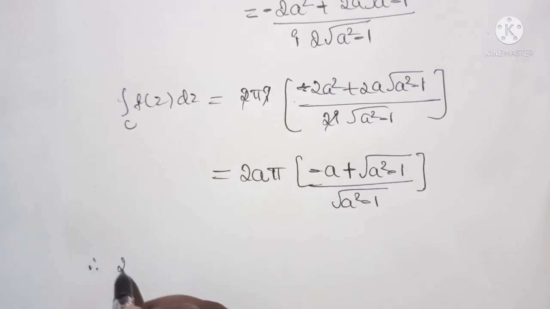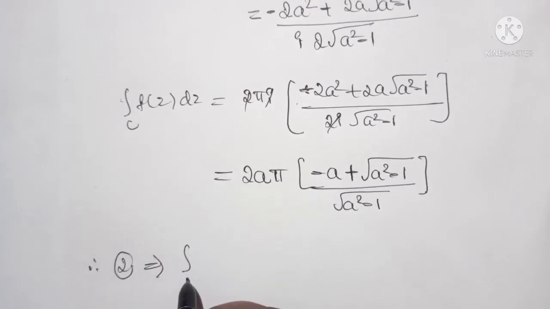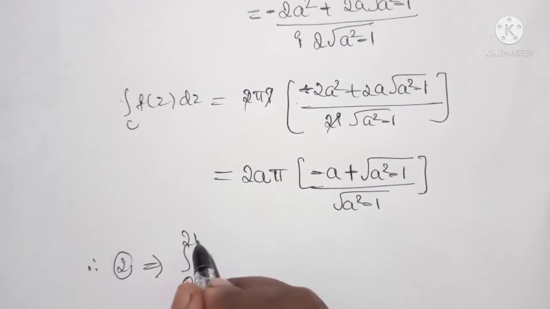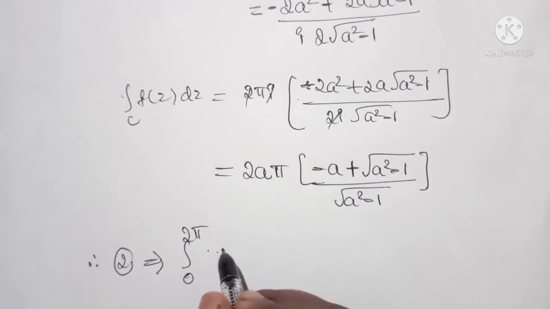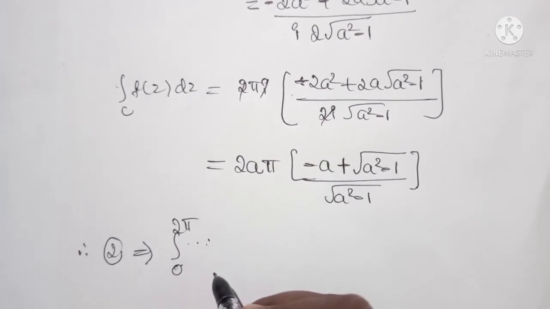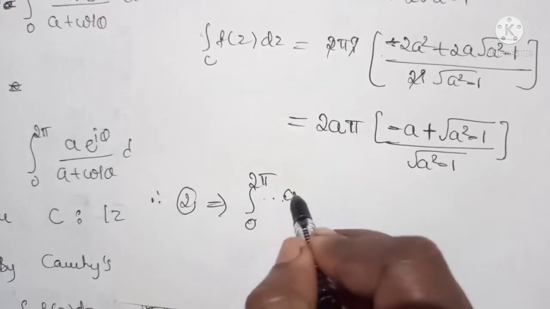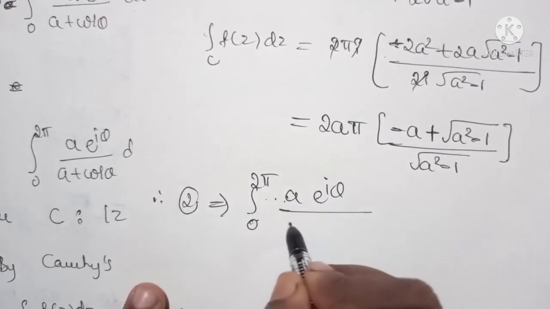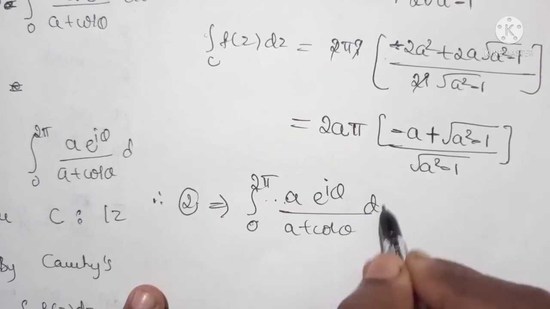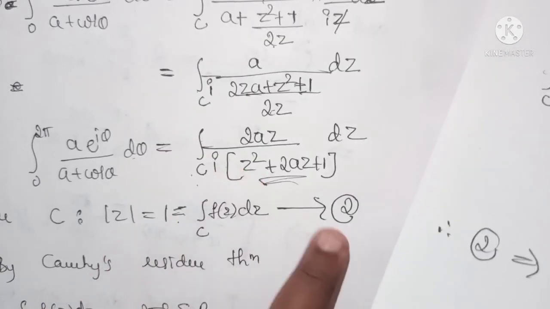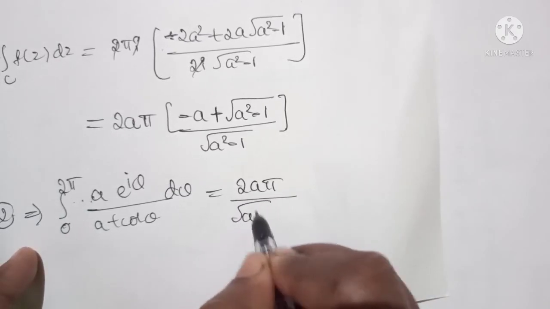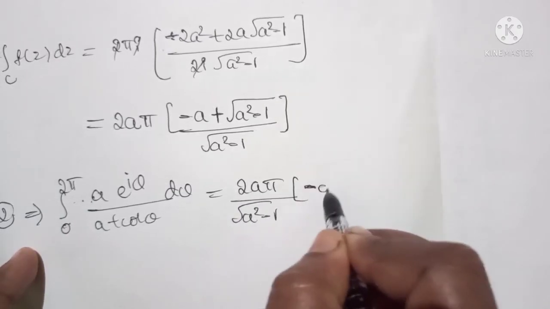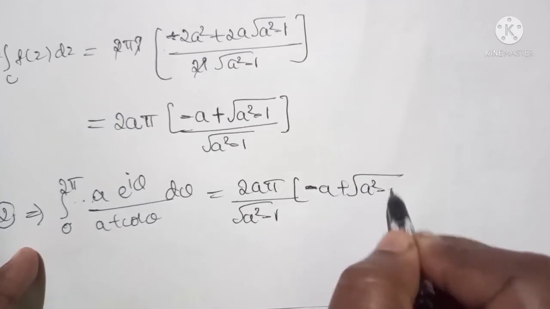Therefore equation 2 implies that the definite integral from 0 to 2π of a e^(iθ) divided by (a + cos θ) dθ, this equation 2, equals 2aπ(−a + √(a² − 1)) divided by √(a² − 1).